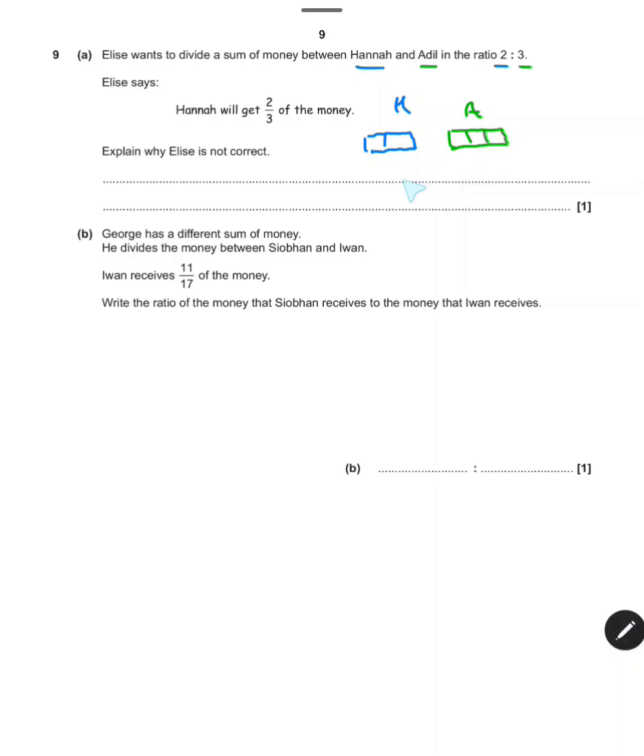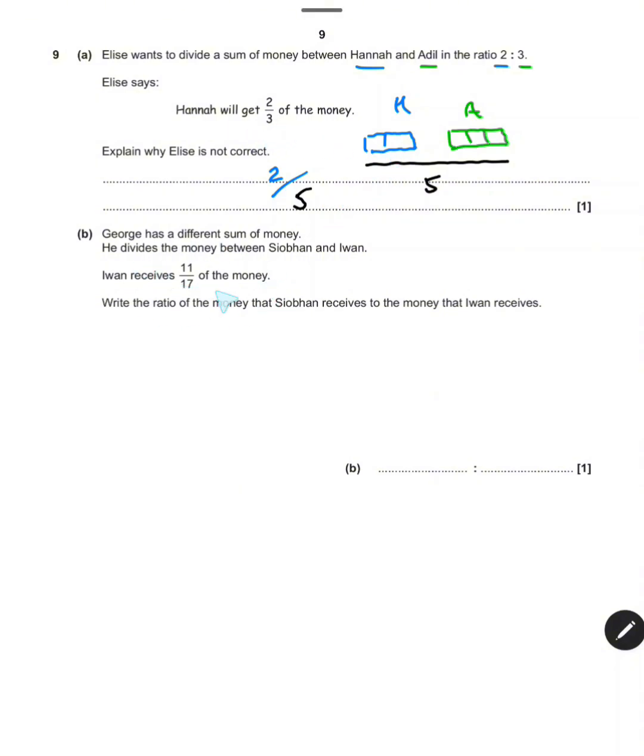Elise is saying that Hannah gets 2/3 of the money. Well, Hannah gets 2 parts out of, not 3 parts, out of 5 altogether. There is 5 parts in this diagram. So Hannah gets 2/5, not 2/3.